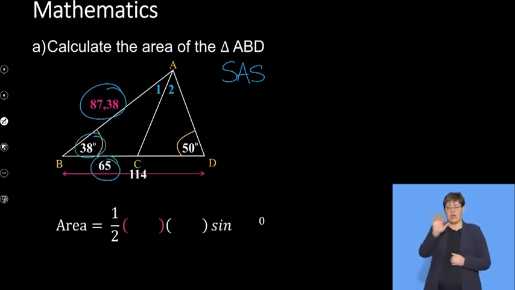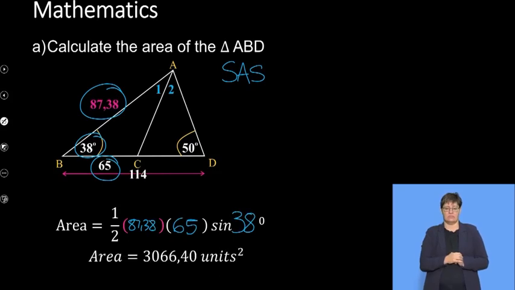So area will equal half times 87,38, our other side is 65, times sine of 38 degrees. Okay, and we put that in the calculator. The calculator will give you the answer of 3066,40. Remember, we rounded off to 2 decimal places. So it's 3066,40 units squared.